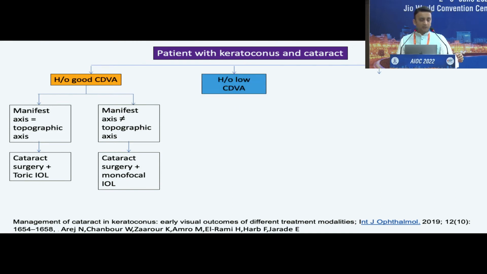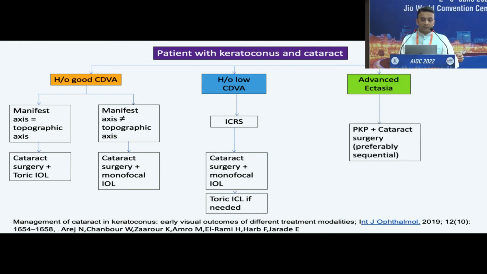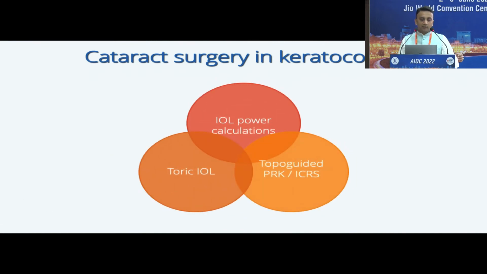If the best corrected vision was low, then possibly we have to think of intracorneal ring implants, and then think of either a monofocal lens. In a very advanced cone, of course, not the best idea. We may have to go with PKP or DALK, and then possibly sequentially I would think of IOL implantation or cataract surgery.